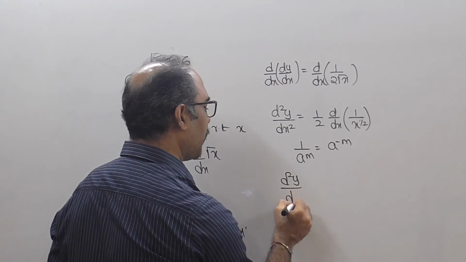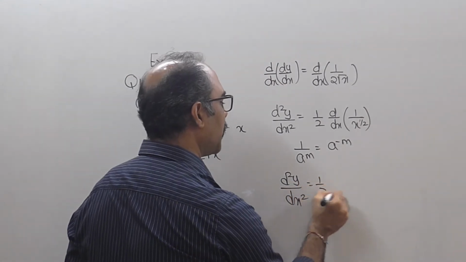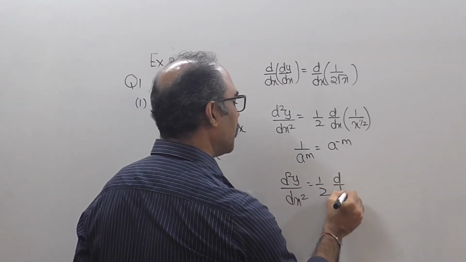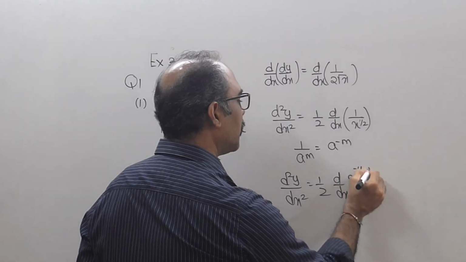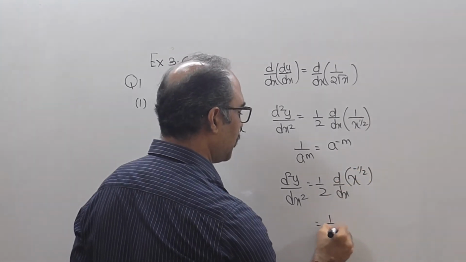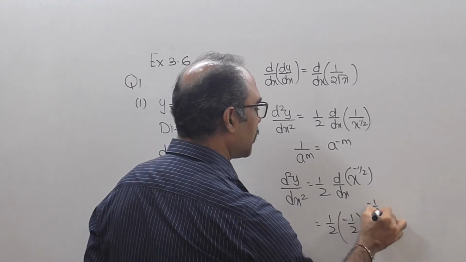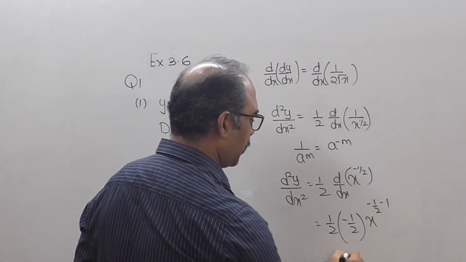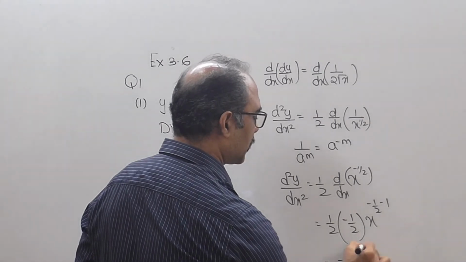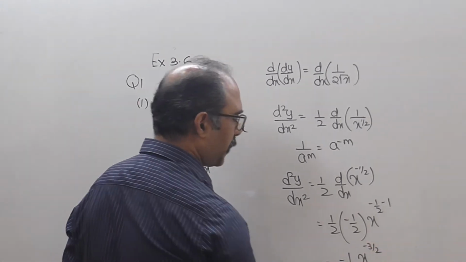You get d square y upon dx square equal to half d by dx of x raised to minus half, that is half. This will be minus half x raised to minus half minus 1. This will be minus 1 upon 4 x raised to minus 3 by 2.